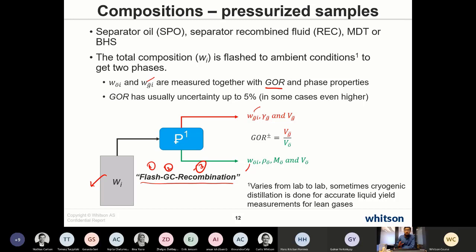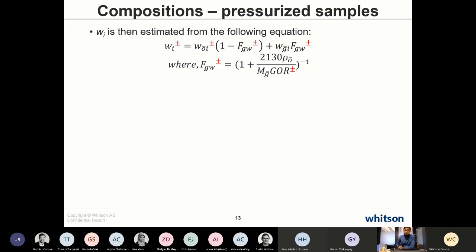The total composition that we get for our separator oil samples or the recombined samples can be calculated with this equation, which simply uses the flashed oil composition that we have measured, and FGW, the gas fraction or vapor fraction in terms of weight or mass.